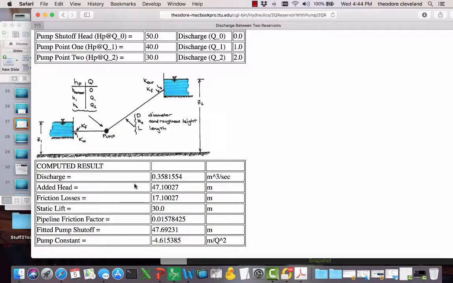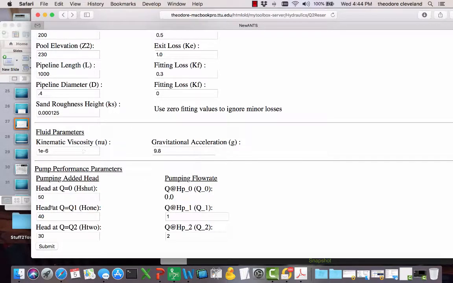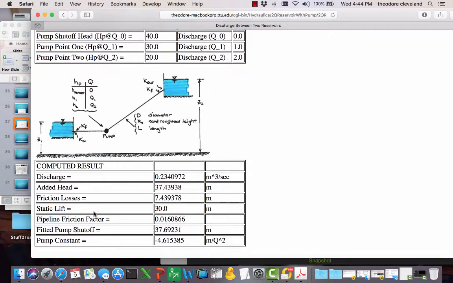We're at 0.35, which is 47. Friction factor is 0.016-ish. And discharge at 0.23, I got 37.43.